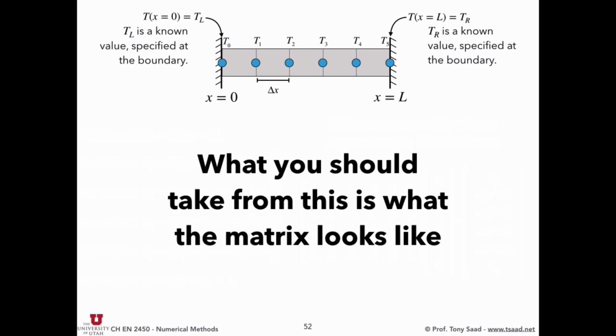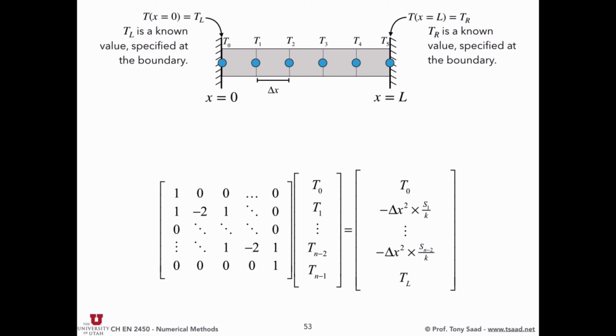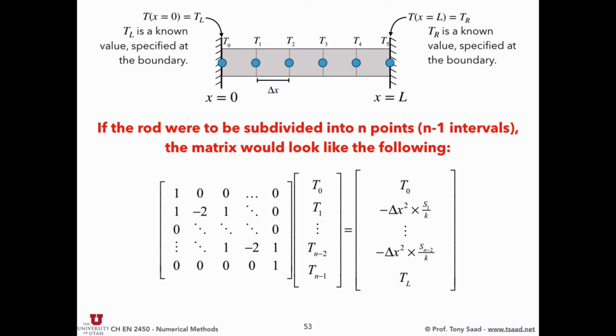Granted, t0 and tn minus 1, the last point, are known. We just put them in the matrix, okay? Just keep them in the matrix. Doesn't matter. So for an arbitrary number of points, the equation looks like this, always.